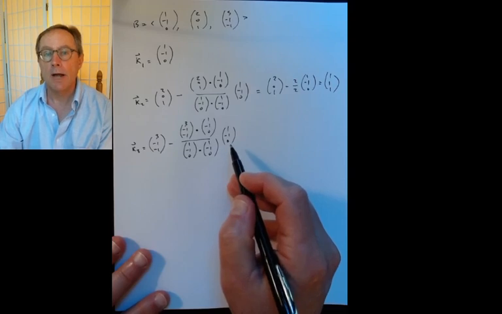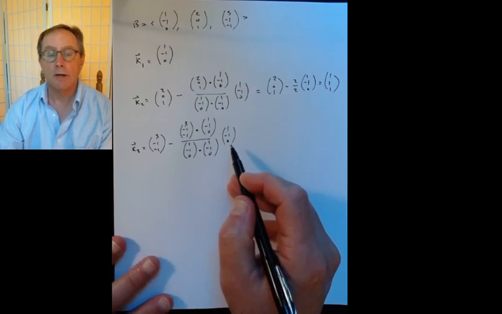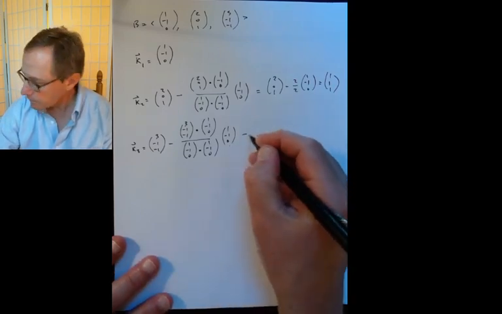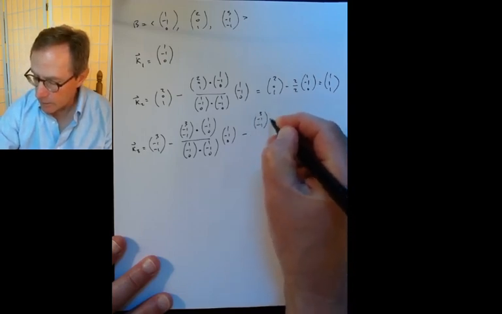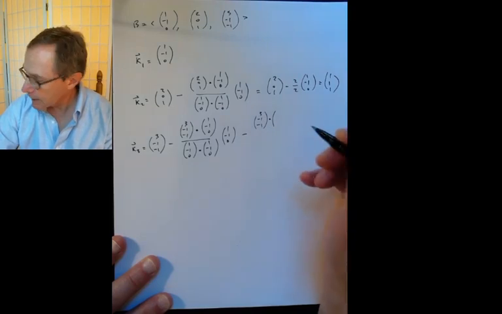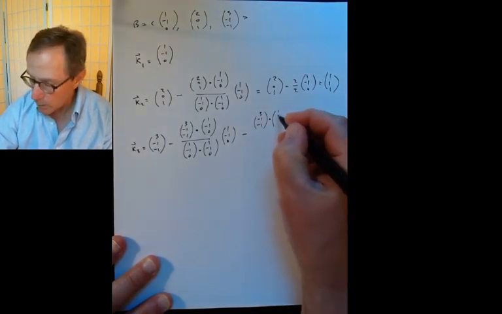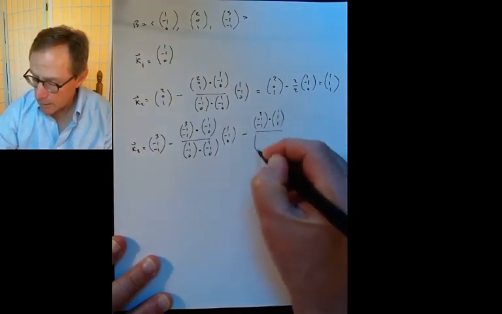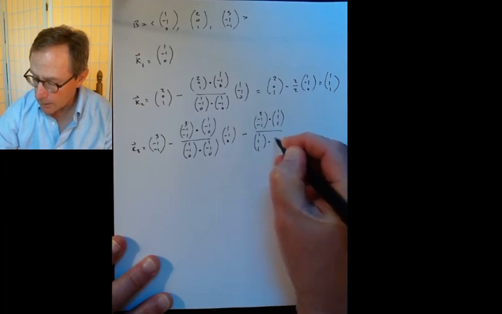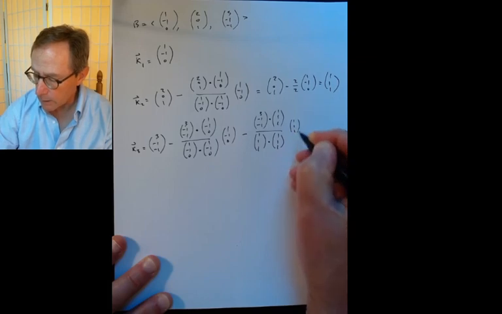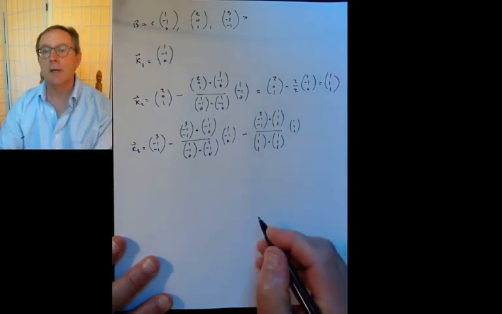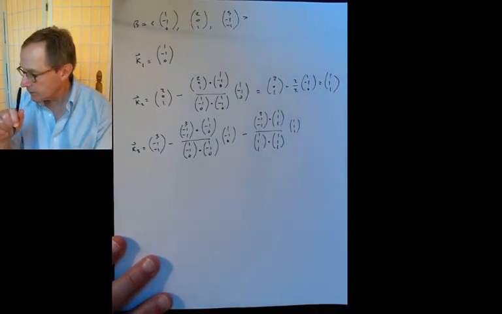And now I'll subtract away the part of beta 3 that's in the direction of kappa 2. So 3, minus 1, minus 1 dot producted with kappa 2, which is 1, 1, 1, and then 1, 1, 1 dot producted with itself, all multiplied by 1, 1, 1. I won't put a dot there just because I don't want to make the picture more confused than it actually is.